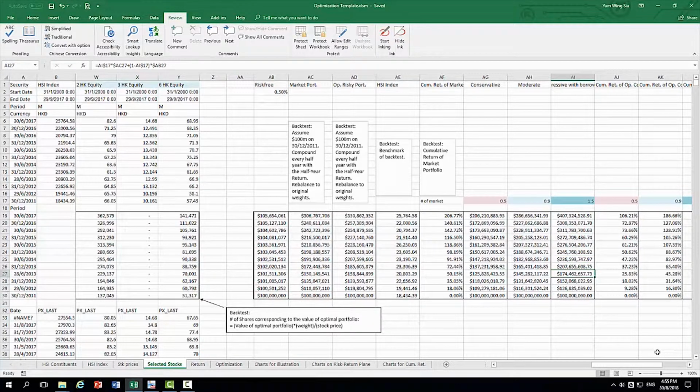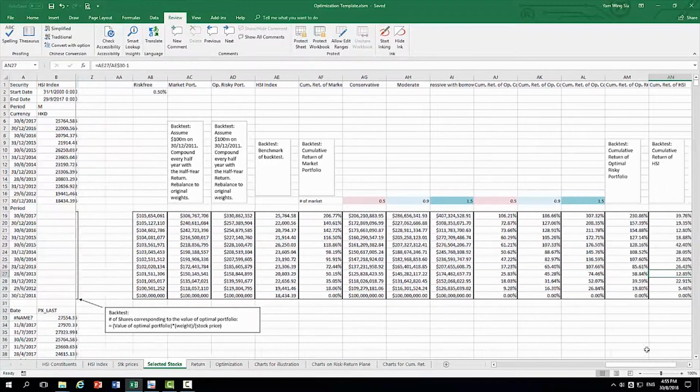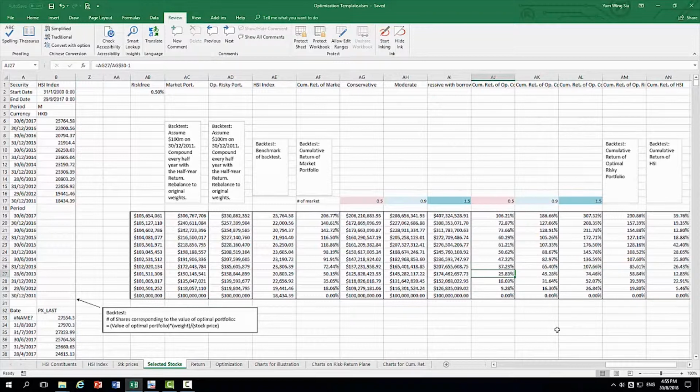So the cumulative return of the three investors would be like this: for the conservative investor, for the moderate investor, for the aggressive investor with borrowing, this would be the optimal complete portfolio.